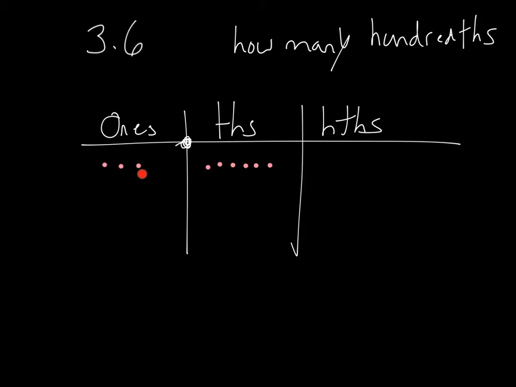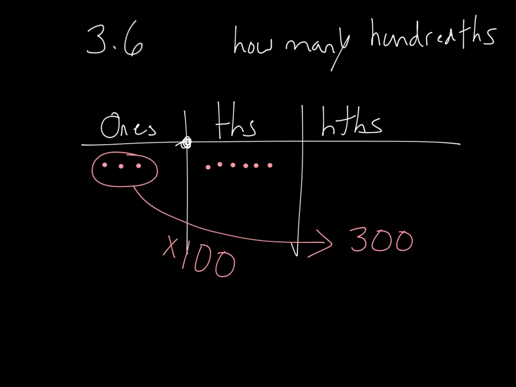But think about how many hundredths are in 1 one, and the correct answer is 100. So each of these 3 would turn into 100 hundredths over here. If we take these 3 and multiply by 100, because there are 100 hundredths in each one, this would end up being 300 hundredths.